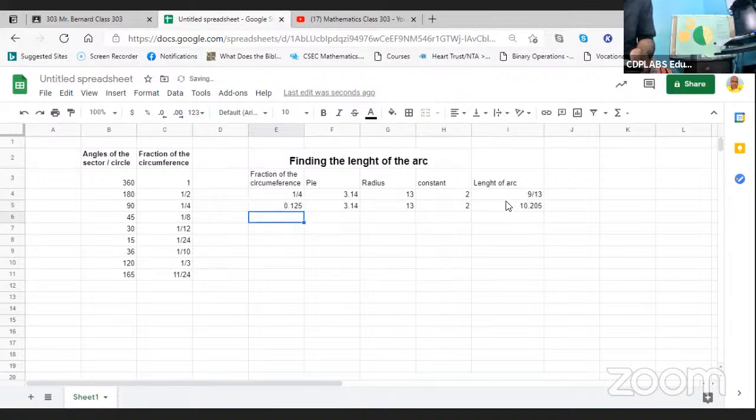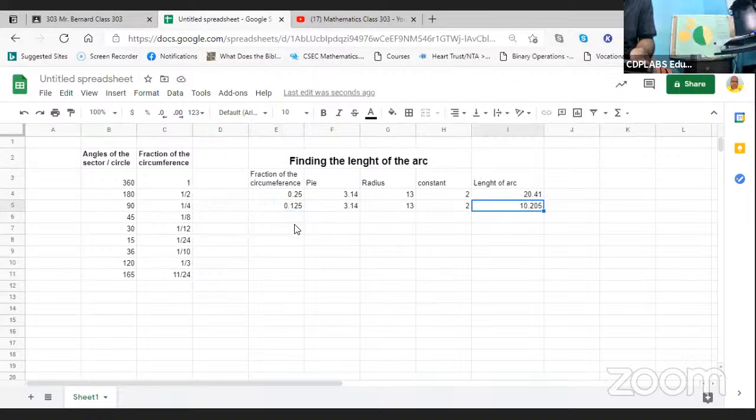So this is the answer here: 10.21. That's what the answer is, 10.21. And if we had written this as a decimal 0.25, 20.41. So recognize now that as the angle gets smaller, or the fractions get smaller, the length of the arc will also get smaller.